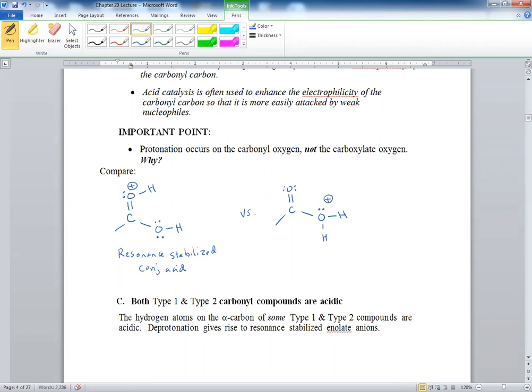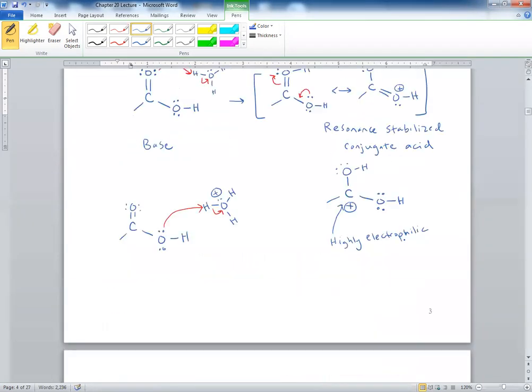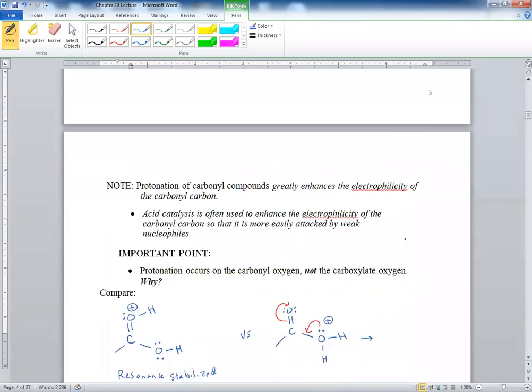So you might be saying, okay, well, we can stabilize it. We have that lone pair, and we can use that lone pair to draw other resonance structures. Well, let's do that. So we move that there, and then we move that here. You'll see a big problem arising here.